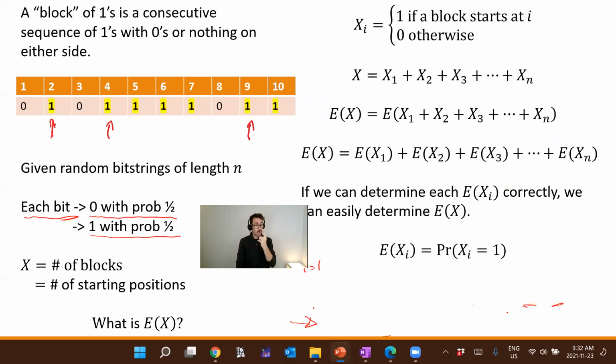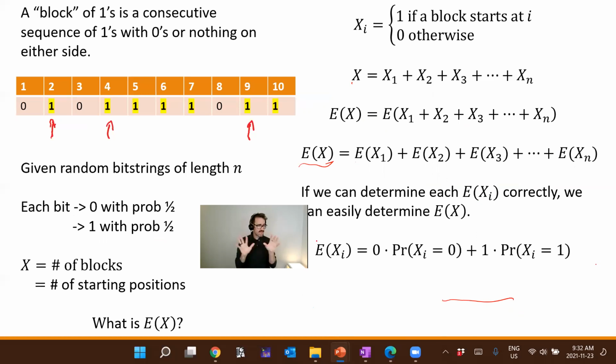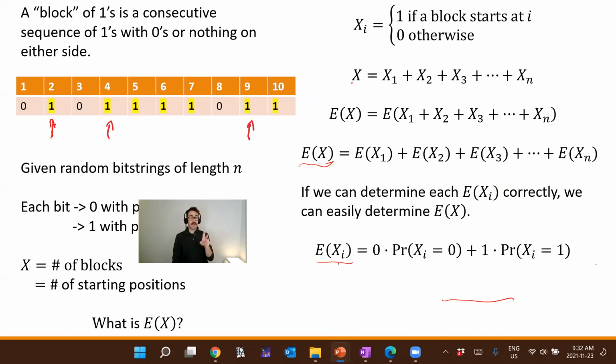Okay, so to determine the expected value of a random variable, and in particular for indicator random variables, we're going to iterate over the range. The range of an indicator random variable is always simply two values, 0 and 1.